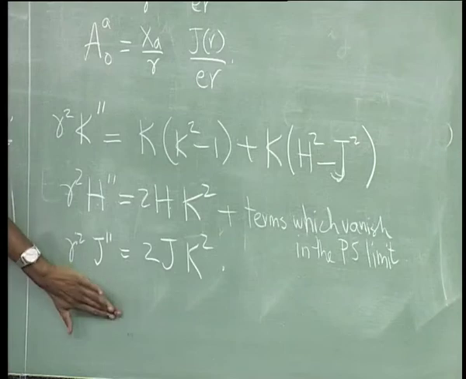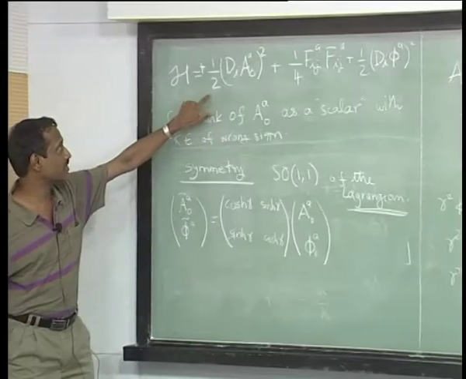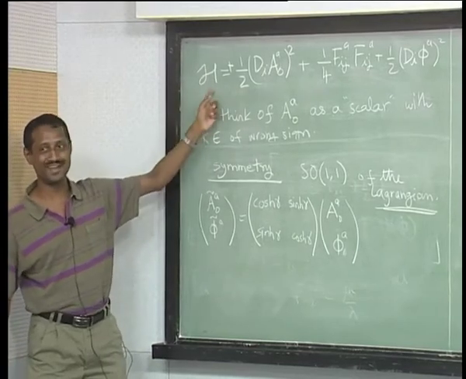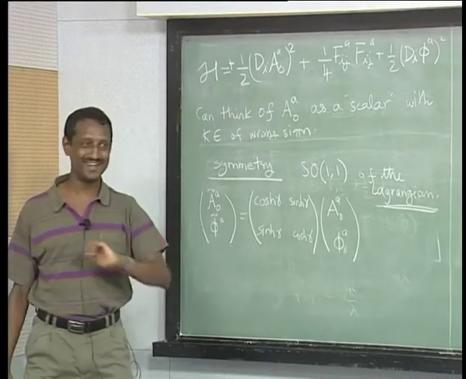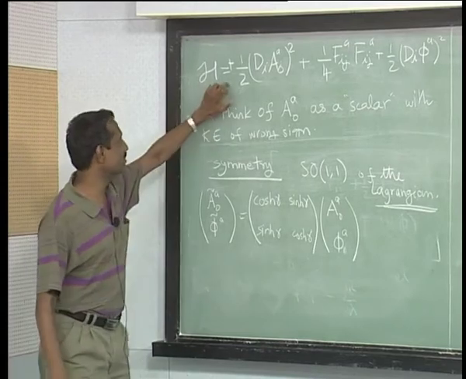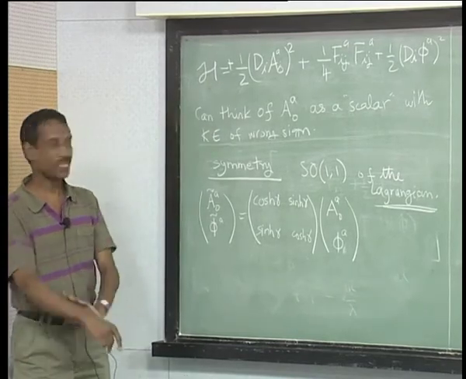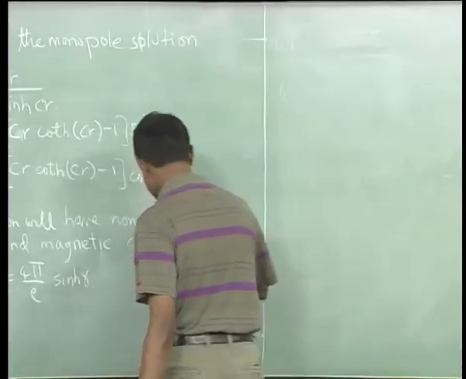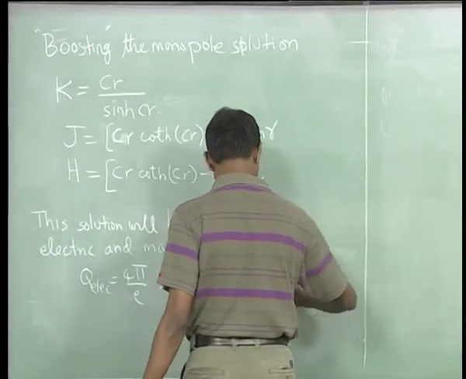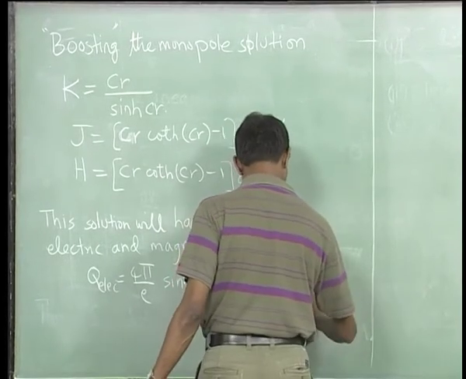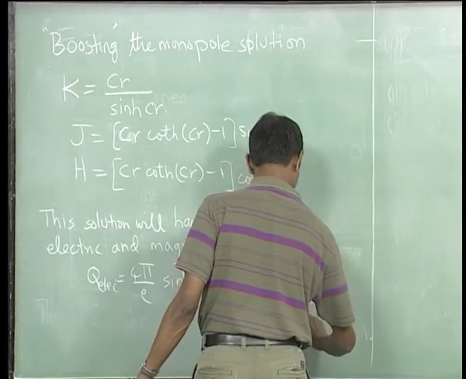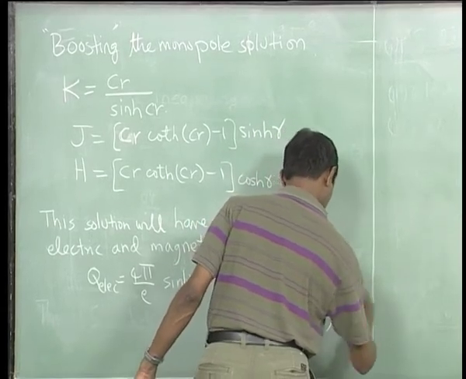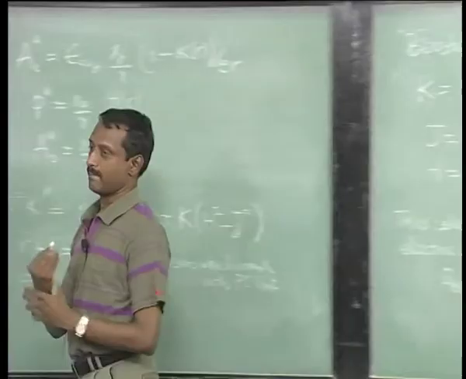So this statement is correct, but my statement that it comes from this expression was wrong. I initially wanted to write the Lagrangian density and then I wrote the Hamiltonian. That was my error, but this is positive definite. So the mass actually turns out to be the earlier mass times cos hyperbolic square of gamma.